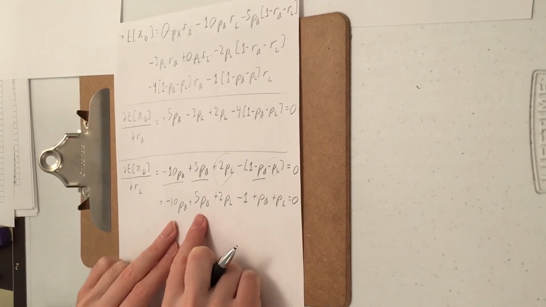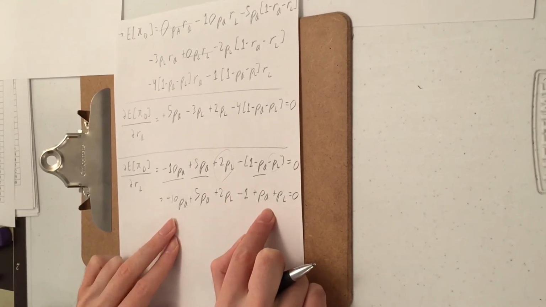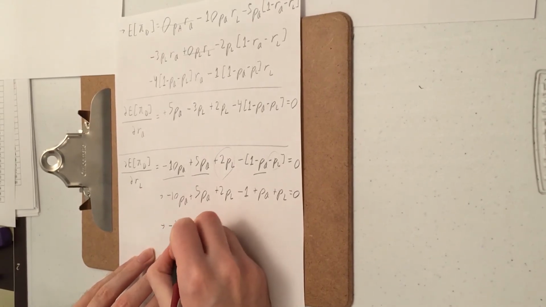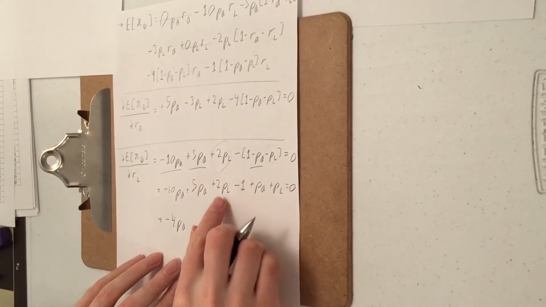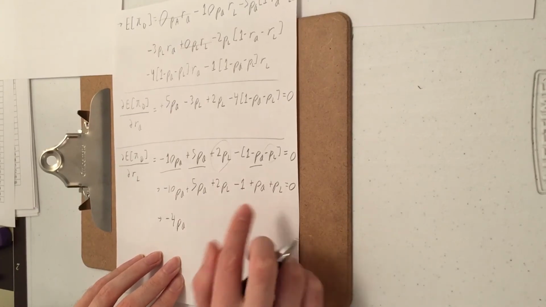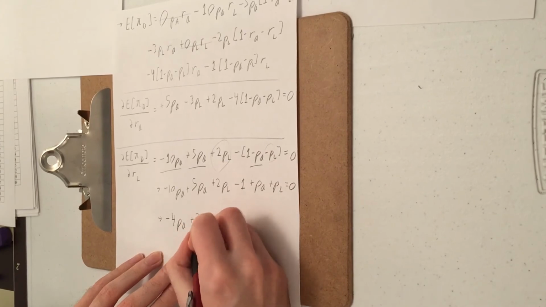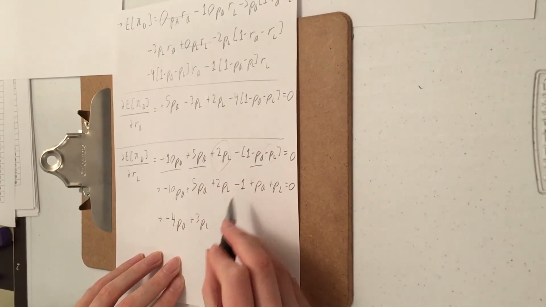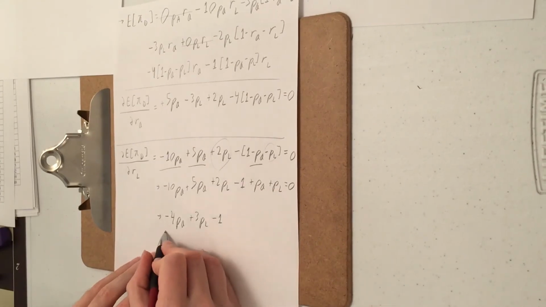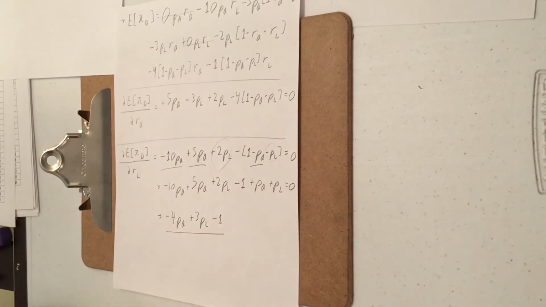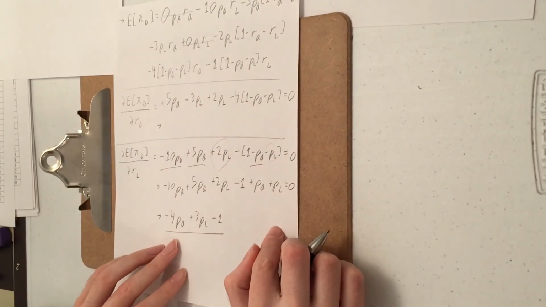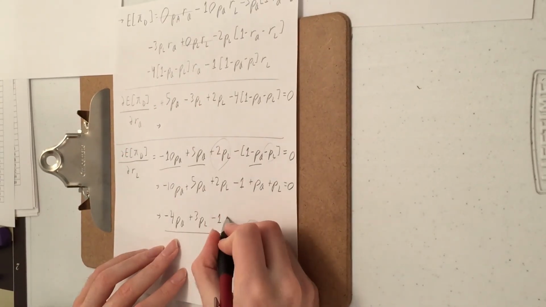So minus 10 PA plus 5 PA plus PA is minus 4 PA. Plus 2 PL plus PL is going to be plus 3 PL. I still have that minus 1 over there. So that's our bottom equation, equals 0.